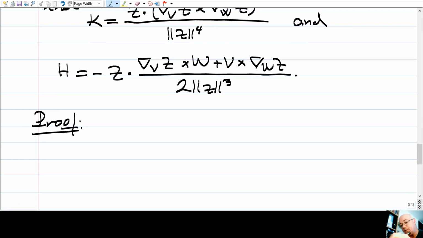Proof is actually similar to the ideas we have seen already. Let me write them down.